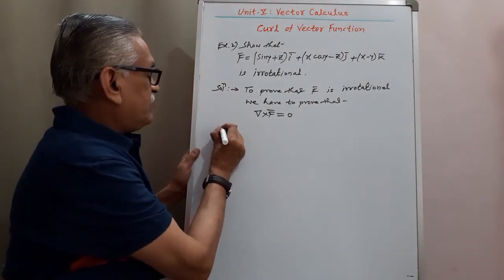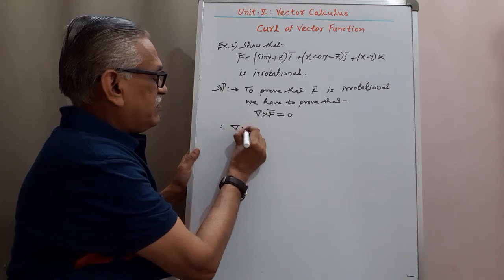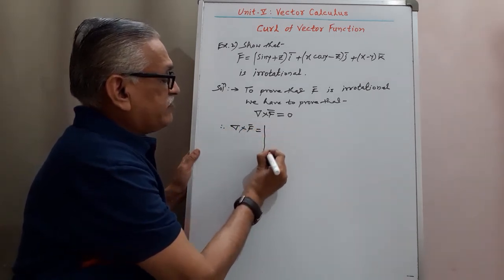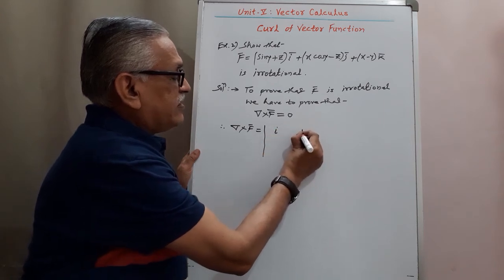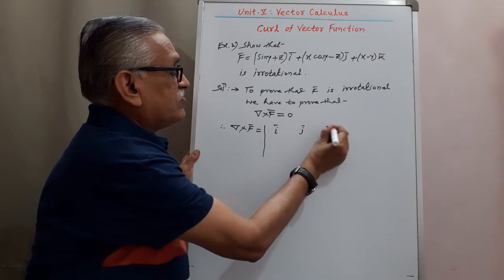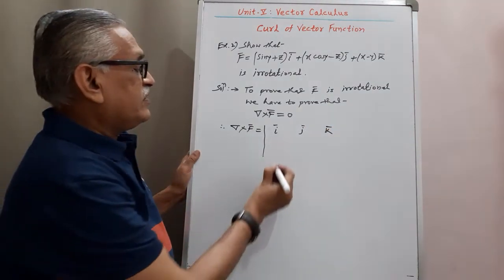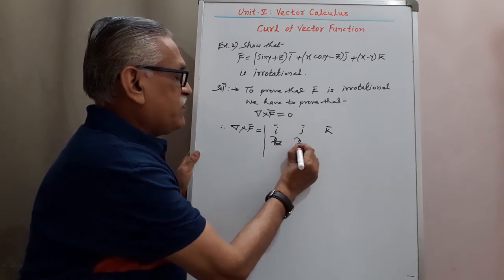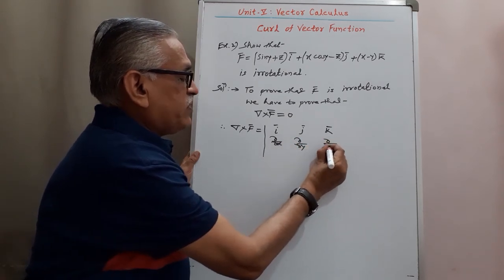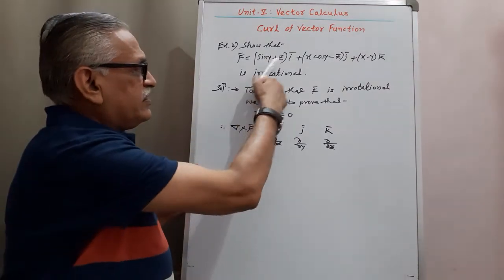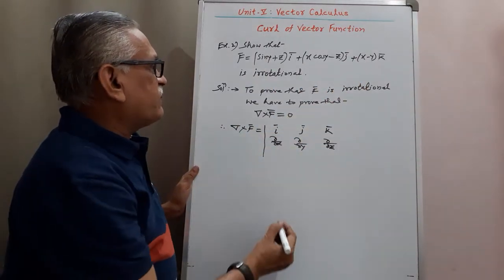therefore that del cross f bar is obtained by determinant containing i j k first row as per definition, second row containing the operator ∂/∂x, ∂/∂y, and ∂/∂z, and third row containing the component of this given vector function.